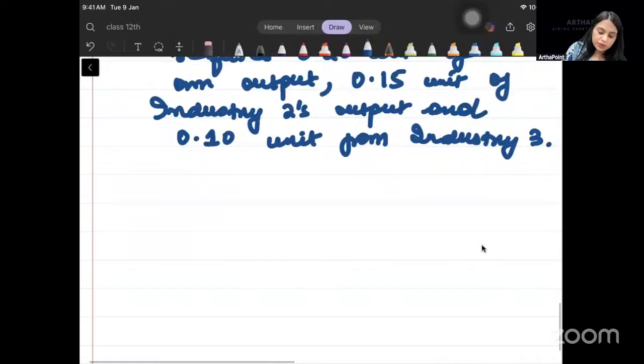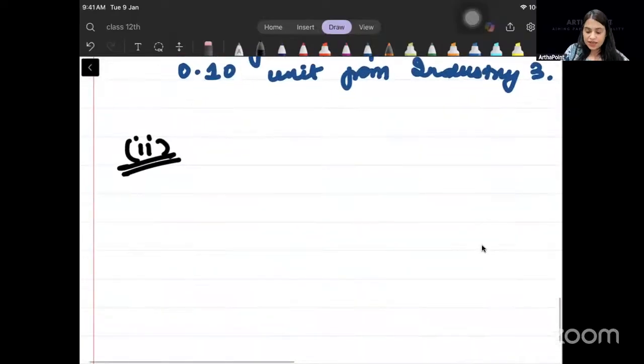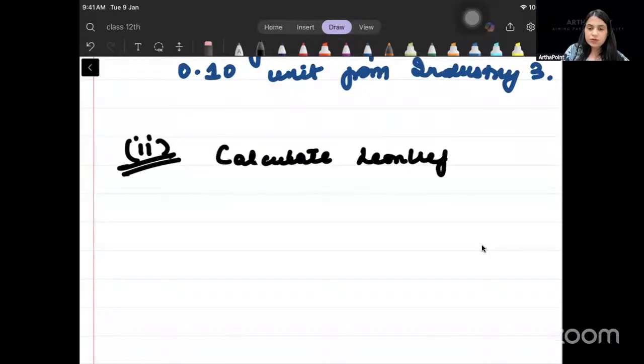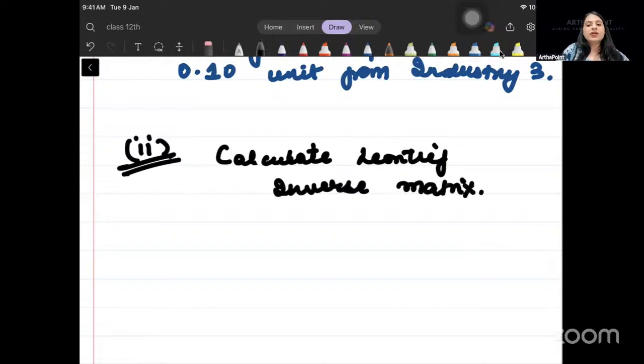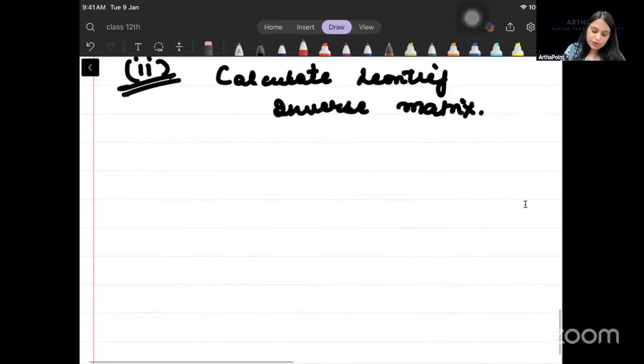Now the second part, again for 5 marks, बोलता है calculate Leontief inverse matrix. So now we all know the formula, how to calculate the Leontief inverse matrix.